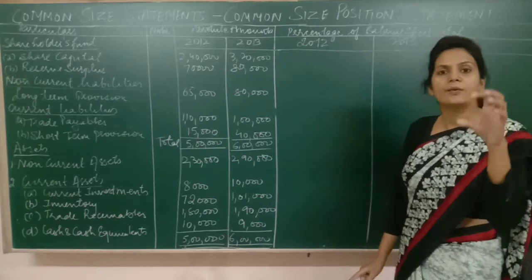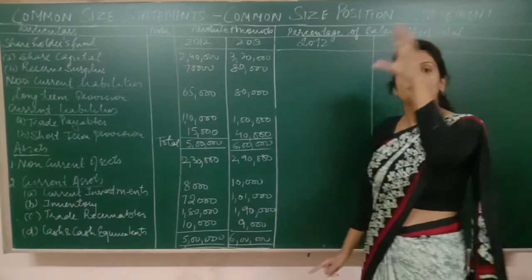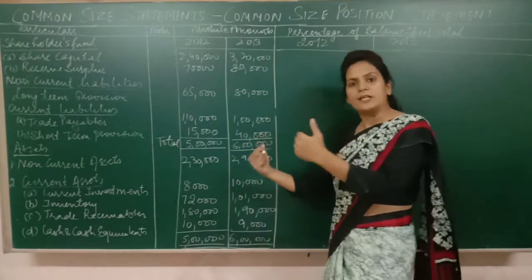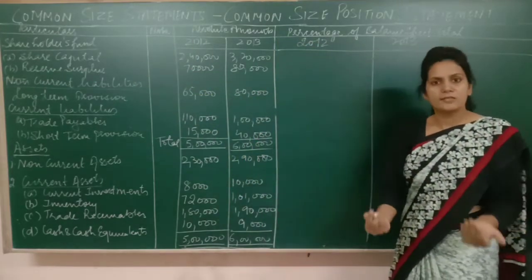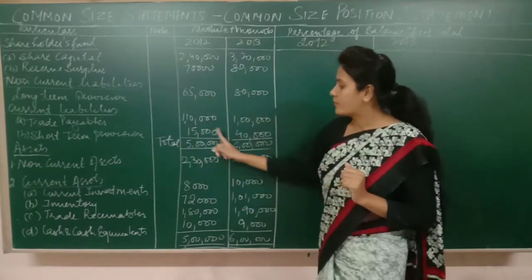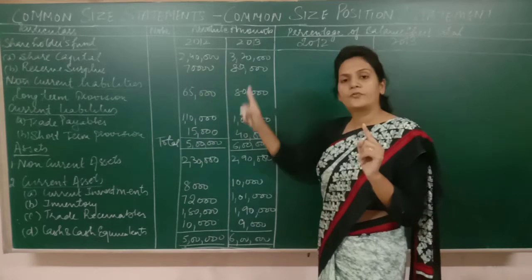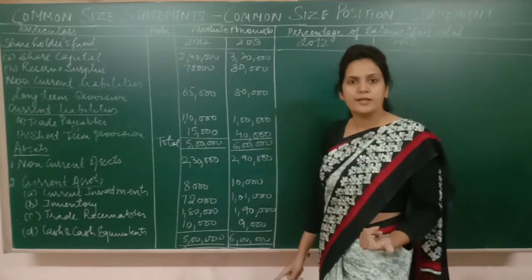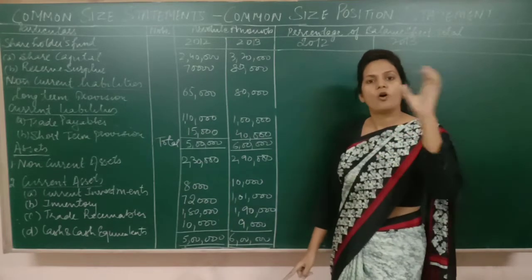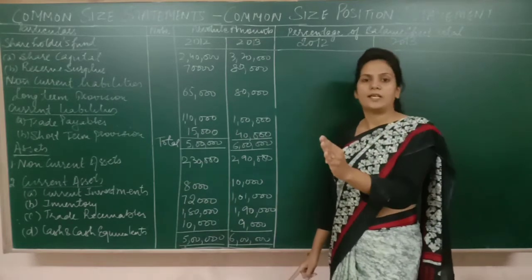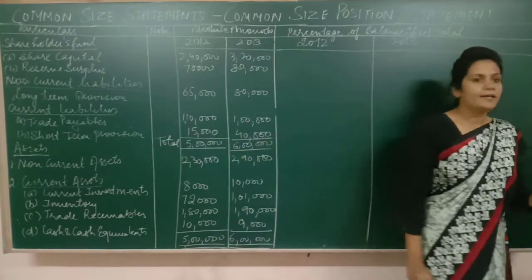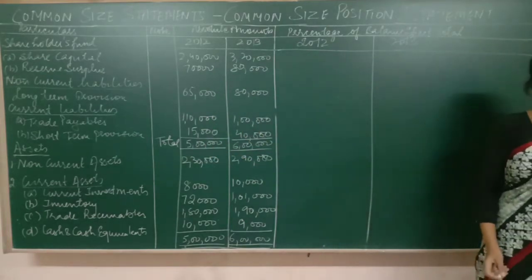Because here I am going to check how much percentage of total liabilities is share capital, that is, what percentage 2,40,000 is of 5 lakh. I am going to express this value of rupees 2,40,000 of share capital in percentage form, but with respect to its total.